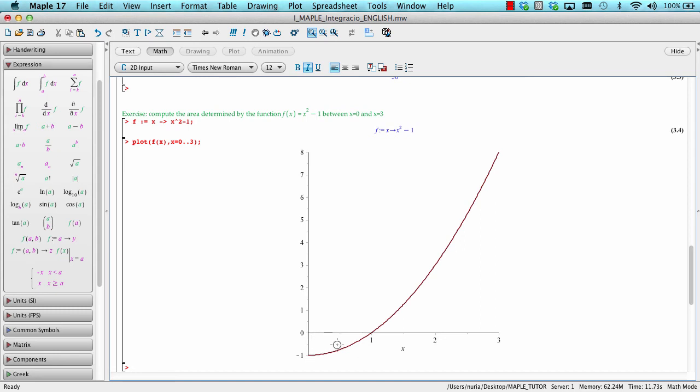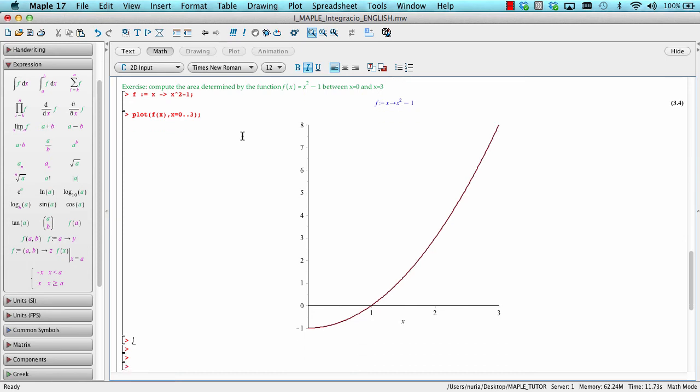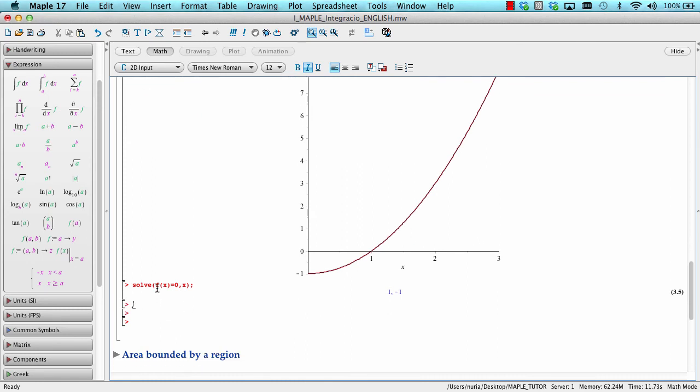So in this case, we need to compute this integral and change its sign, and compute this other integral as it stands. Okay? Now, in order to compute the intersection, in this case you can see it clearly, it is 1, but we would say solve f of x equal to 0. So we ask Maple to compute where the function is going to vanish.